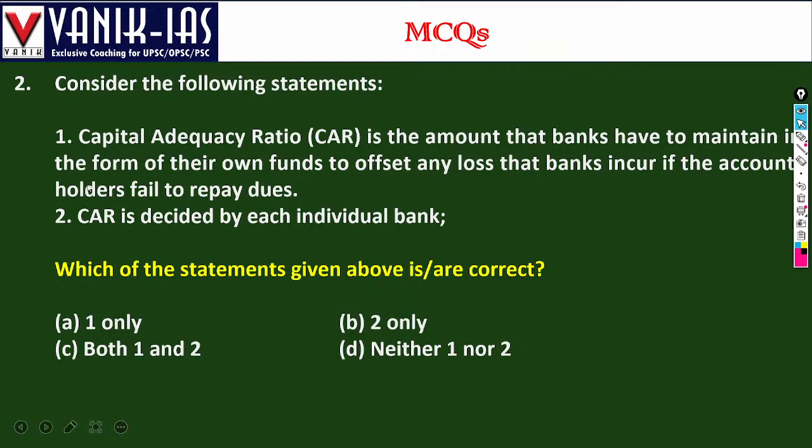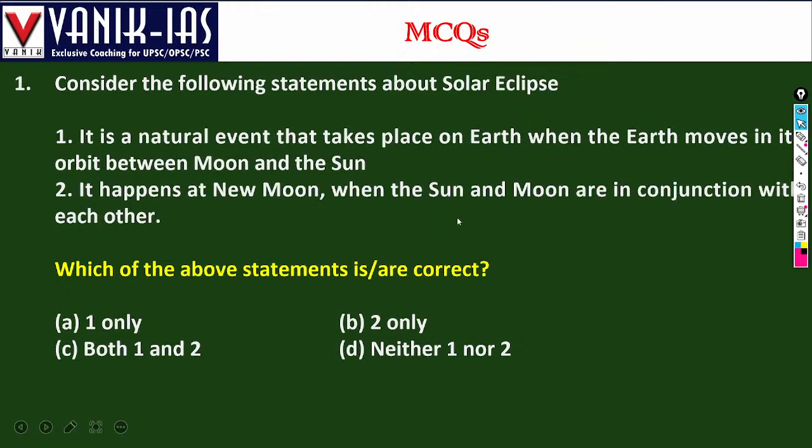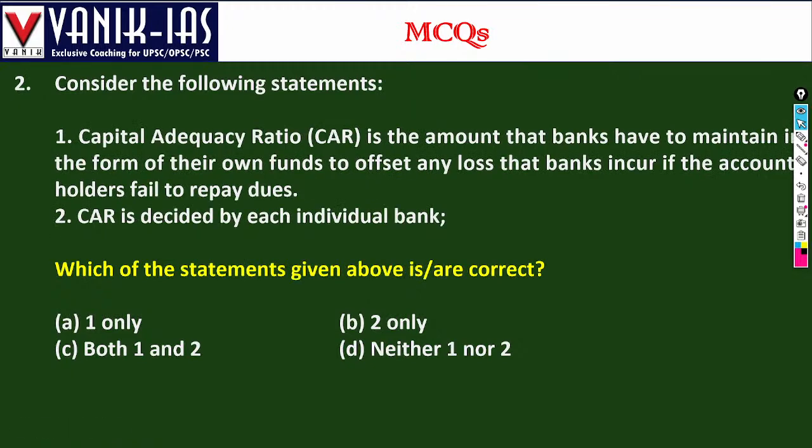So here only one is the correct answer, that is A, because the CAR is not decided by individual banks, but it is decided by the RBI. So question number 2, the right answer is only one, because the 2 is wrong, it is by the RBI. Fine. Then coming to the next question, question number 3.